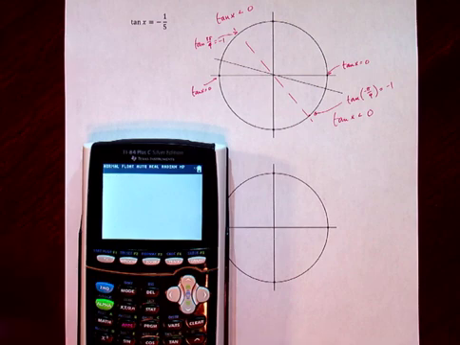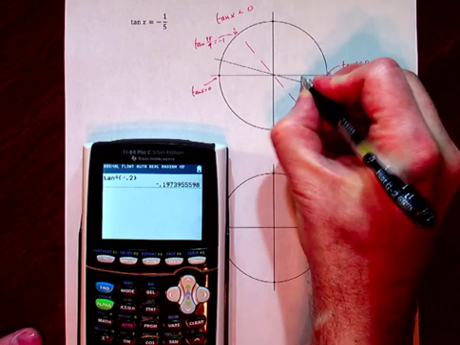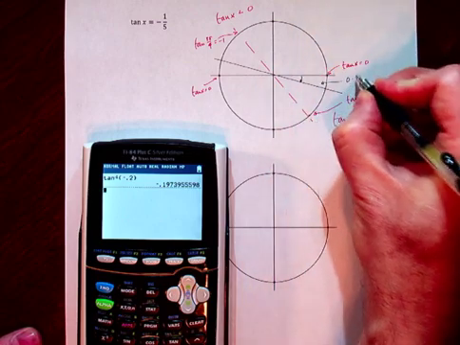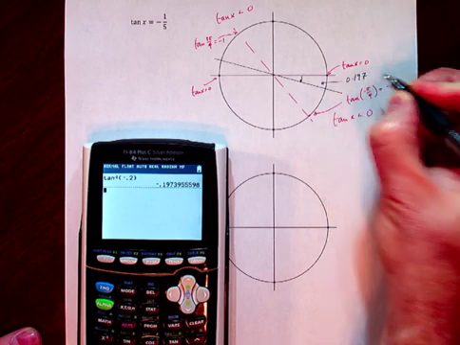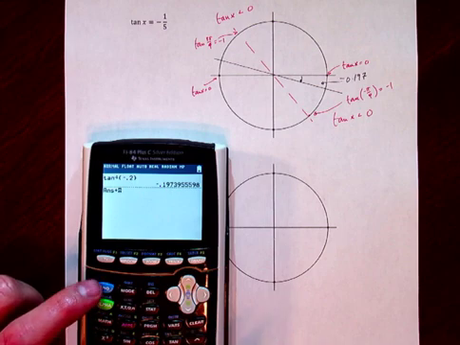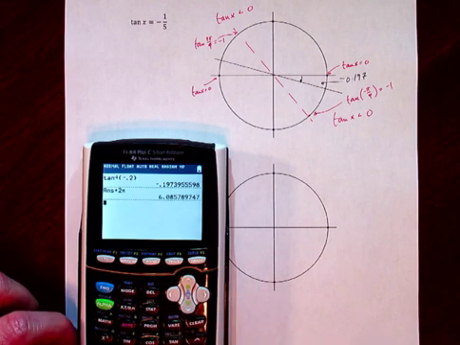Okay. And we get negative 0.197. Now the reason why we got negative, remember, is because the range for arctan is negative pi over 2 to pi over 2. So it's not going to give us the positive measurement right here. If it gives us the negative measurement of 0.197, then all you have to do to get the positive is just add 2 pi, right?